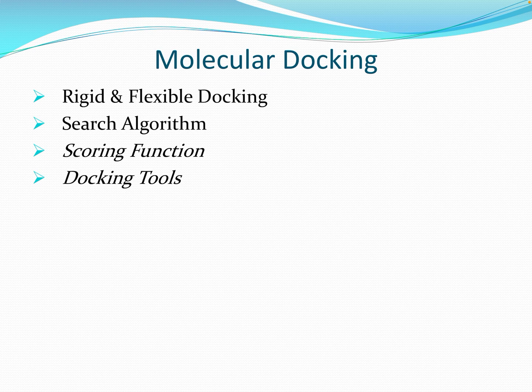Later, in the newer docking tools, either the target is kept rigid and the ligand is flexible, or both target and ligand are flexible, so that we can have a 3D figure of all the positions and see how well the binding happens, and what the possible conformations of a ligand molecule in a cavity are. All this can be visualized in the case of flexible docking.